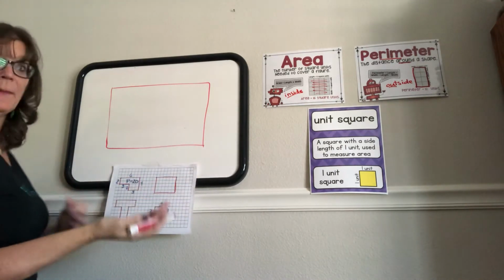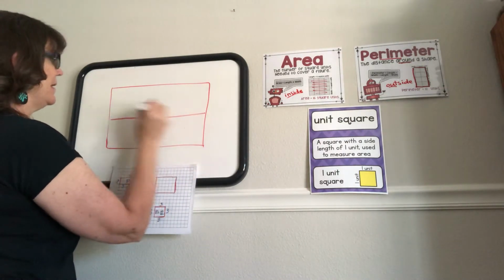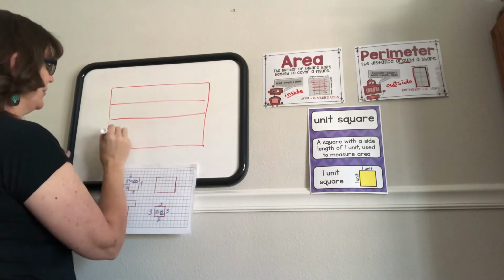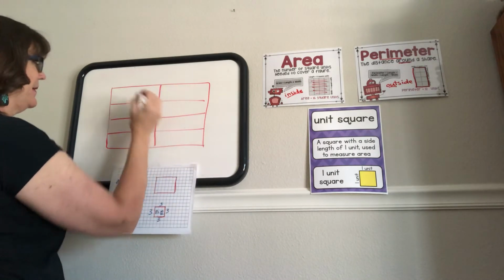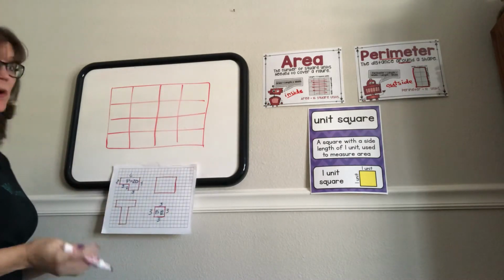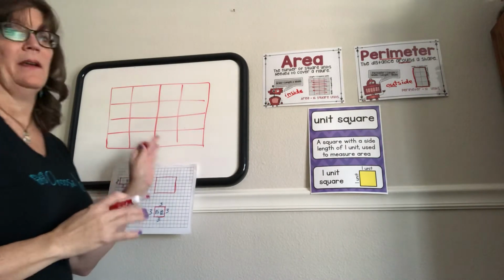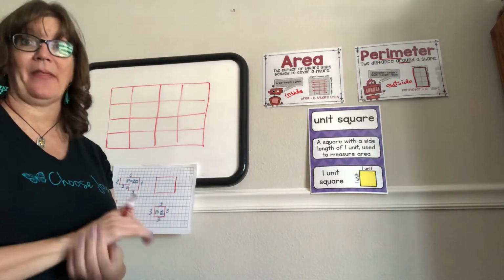I'm going to separate it to make the mural. I'm going to give it 4 rows and let's have 4 columns. This is a different rectangle than you have in your Go Math.